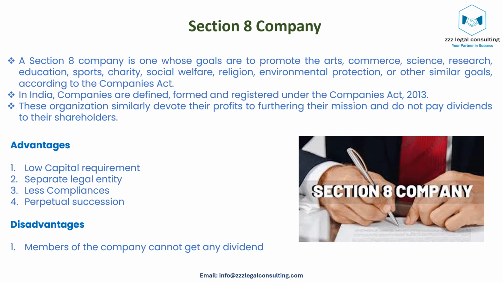These organizations devote their profits to furthering their mission and do not pay dividends to their shareholders. Some advantages are low capital requirement, separate legal entity, less compliances, perpetual succession. All the good features of the company form of business are enjoyed by a Section 8 company.